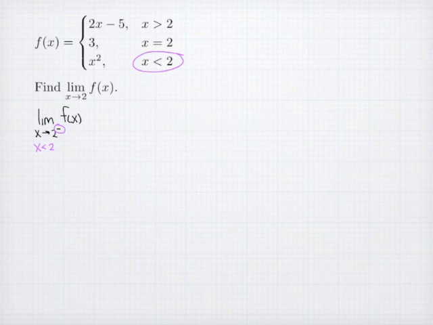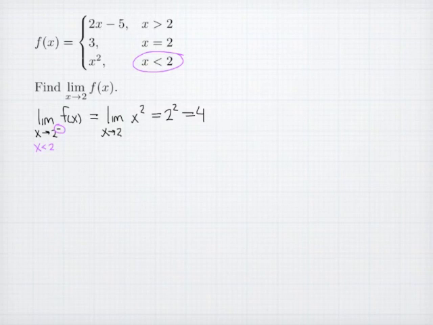When x is less than 2, our function uses the formula x squared. We will be taking the limit of x squared as x approaches 2. This is a nice continuous function, and so the answer is 2 squared, or 4. The limit on the left is 4.